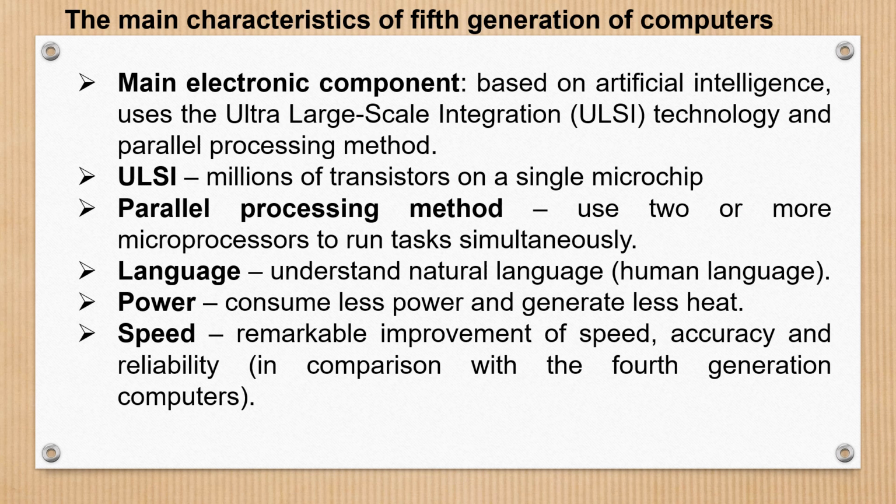The next, we have the fifth generation that uses the concept of ultra large scale integrated technology, and we have the concept of parallel processing. So the computation is high in the fifth generation, because it uses the concept of parallel processing.